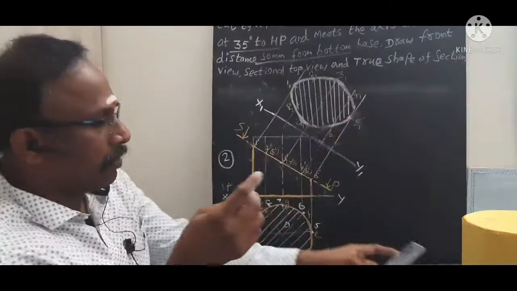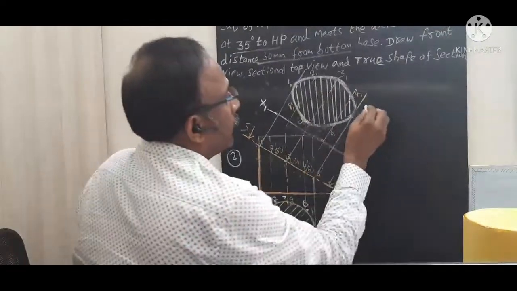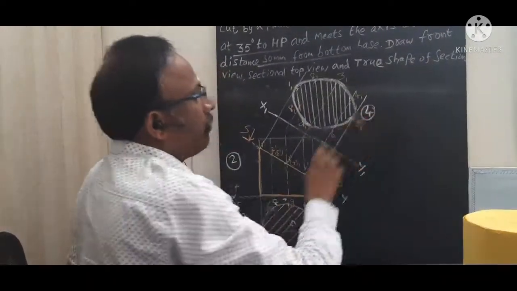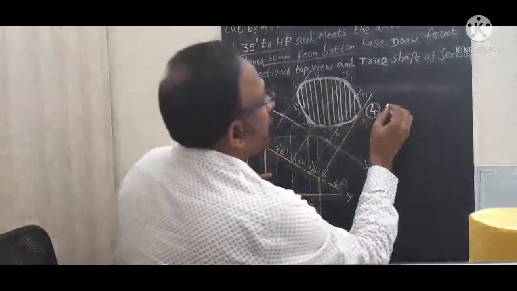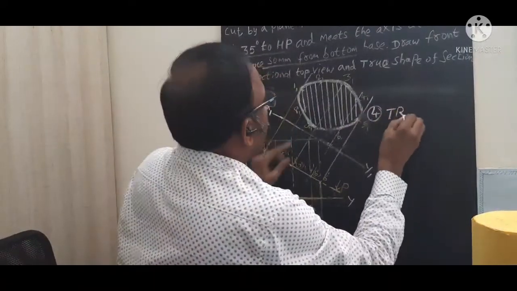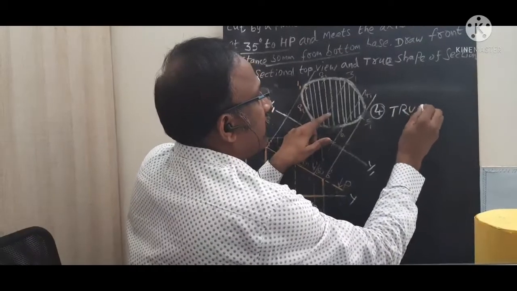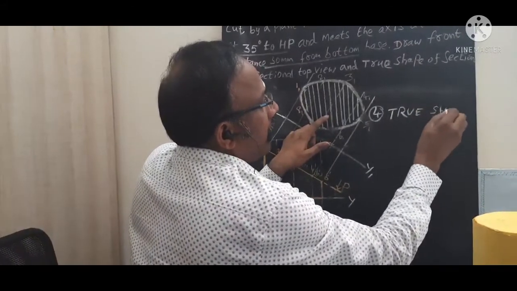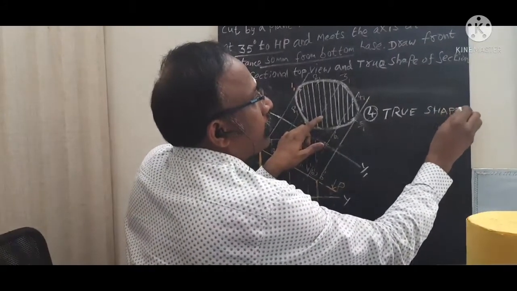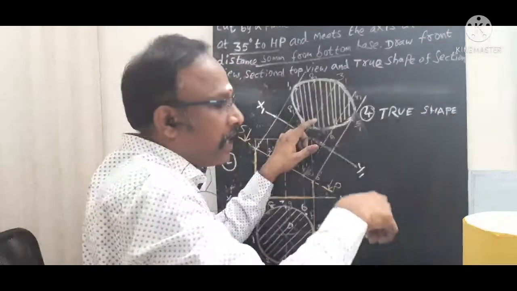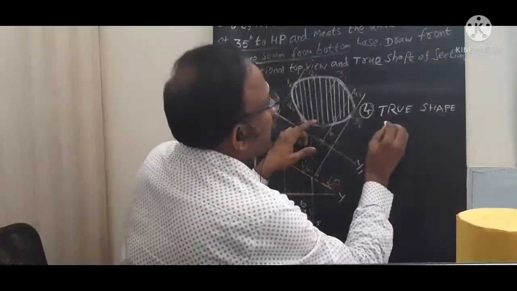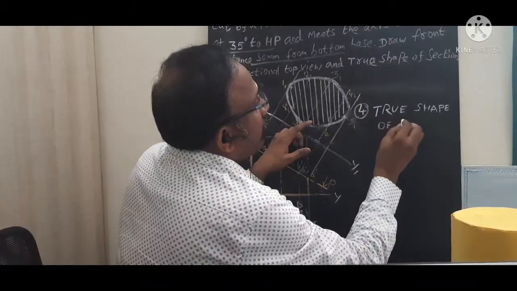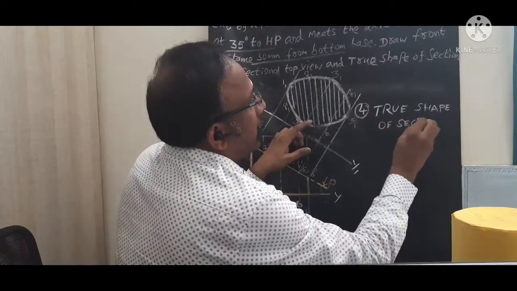Now we got this particular step number 4. This is step number 4. So I will give the name. 4 is nothing but true shape of this section. This section is seen as the ellipse. After removing the top portion of this cylinder, we are able to see this is the true shape of section as ellipse.